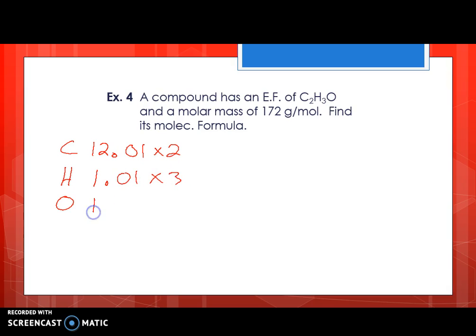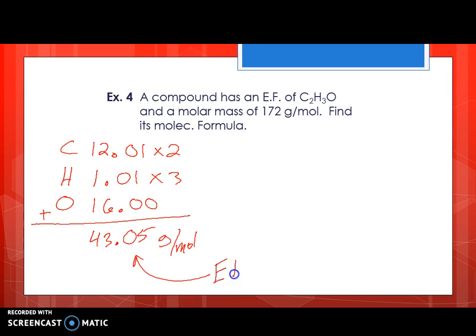Oxygen has a mass of 16.00, and we have 1 of them. So we add all of this up: 12.01 times 2 plus 1.01 times 3 plus 16. We get a molar mass of our empirical formula of 43.05 grams per mole. That's the empirical formula mass.